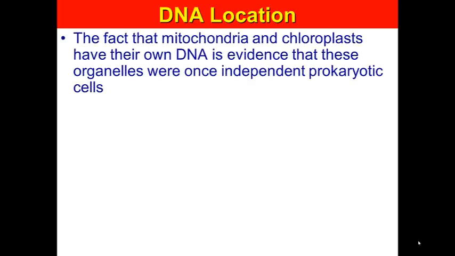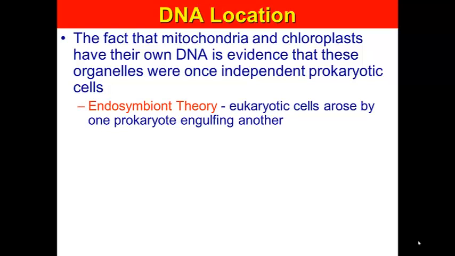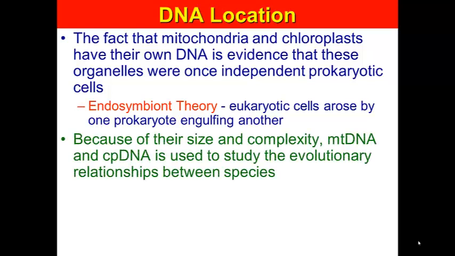The fact that mitochondria and chloroplasts have their own DNA, scientists believe that this is evidence that these organelles were once independent prokaryotic cells that got engulfed by early eukaryotic cells. It's called the endosymbiont theory. Eukaryotic cells arose by one prokaryotic cell engulfing another. Because of their size and complexity, mitochondrial DNA and chloroplast DNA are used to study the evolutionary relationships between species.